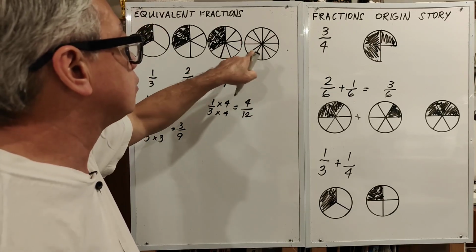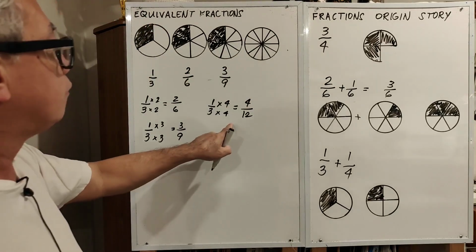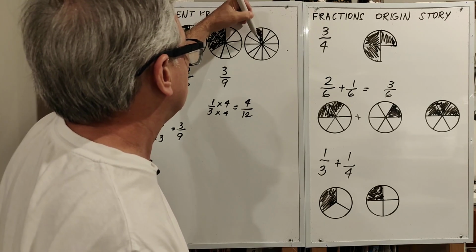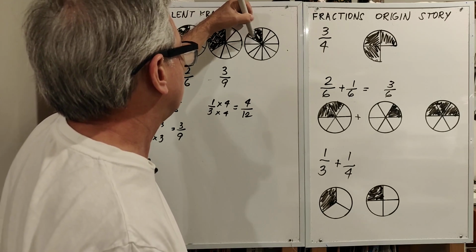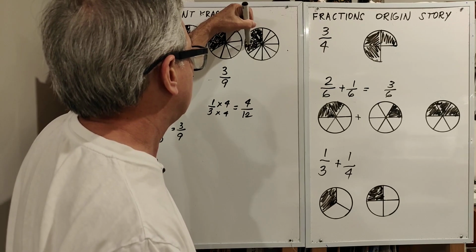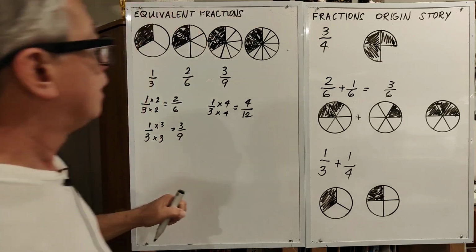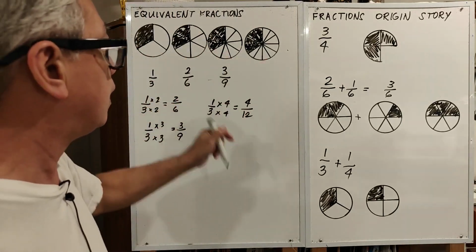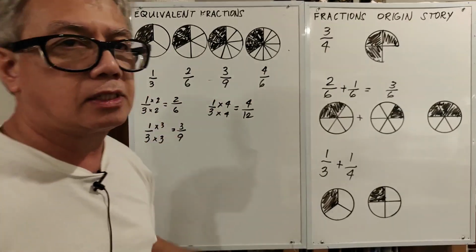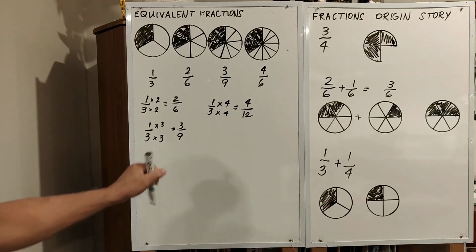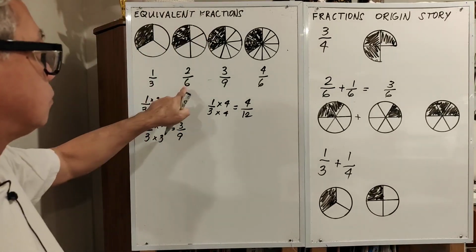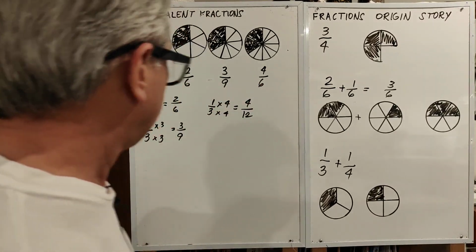Now I've divided this into 12, and then if I shade 4, 1, 2, 3, 4, they all have the same value but different numbers. So these are equivalent fractions. So 1/3 we can write as 2/6, 3/9, or 4/12.